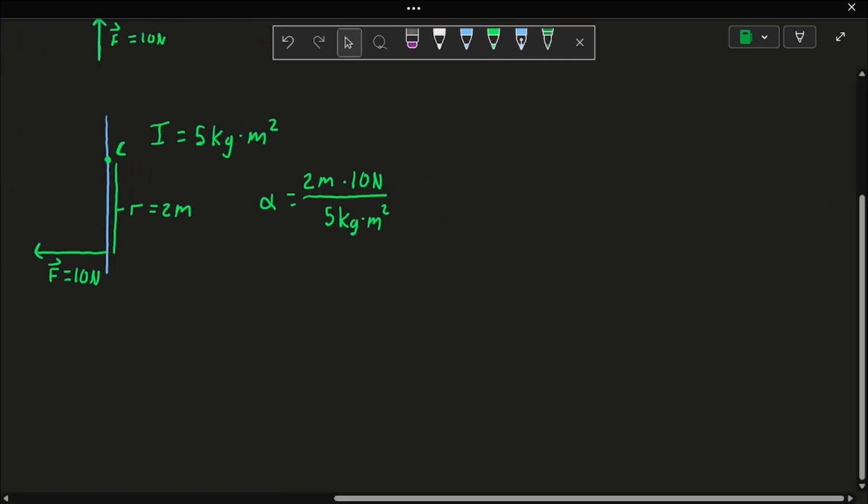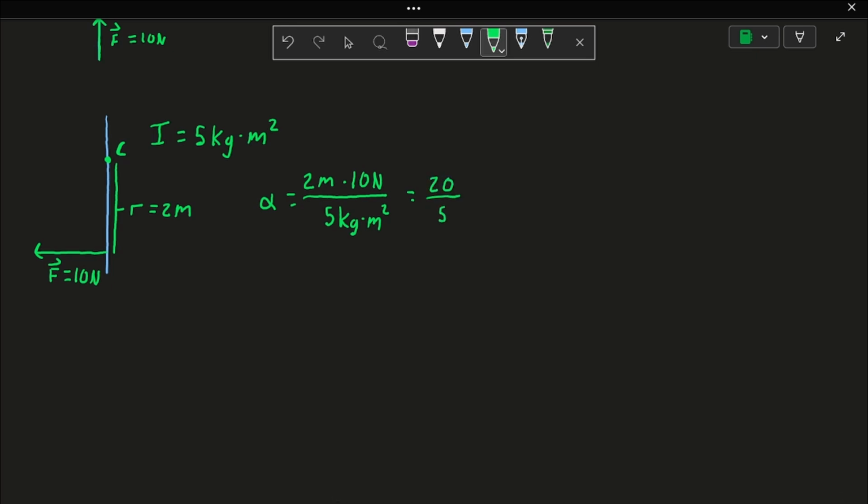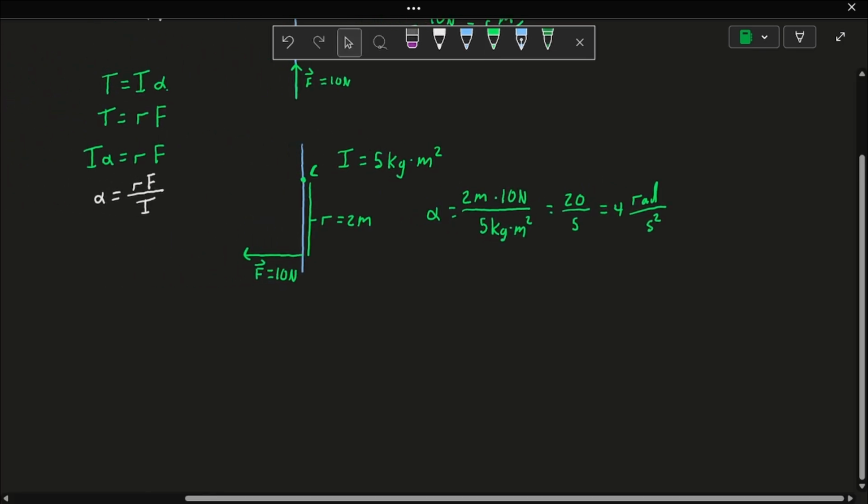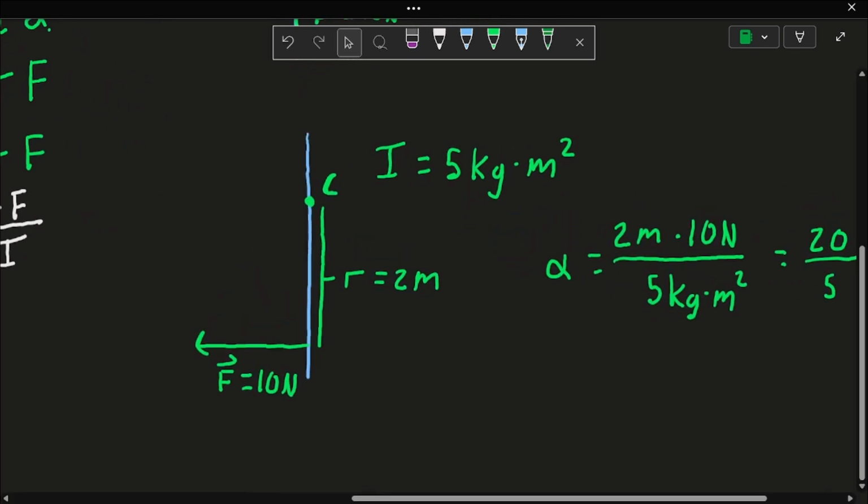So we can then do some of this computation. So then we get 20 divided by 5, which then equals 4 radians per second squared. And it's important to note as well that we will rotate around our center of mass. So this rotation will look something kind of like this.